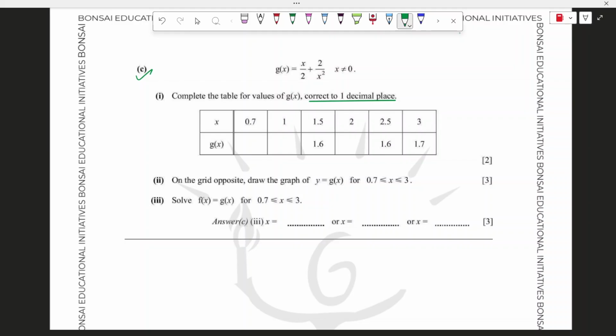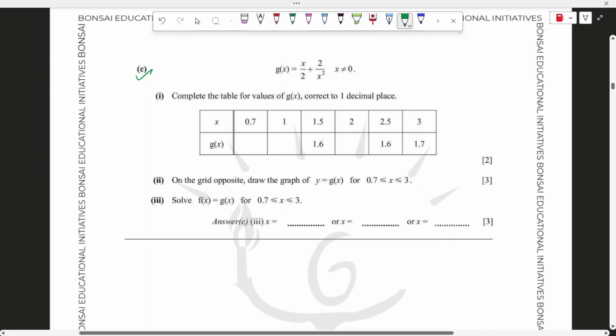We need to find these values. So here the calculator comes into the picture. There are two options with you. One by one, you put these values, 1, 2, 3, 4, 5, 6 times. Sometimes there are only 3 values. Or you can use a calculator, and the calculator has a table function.